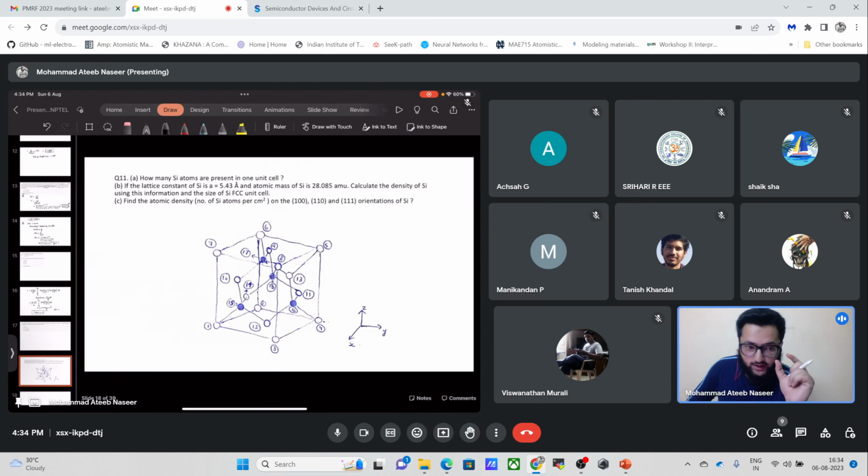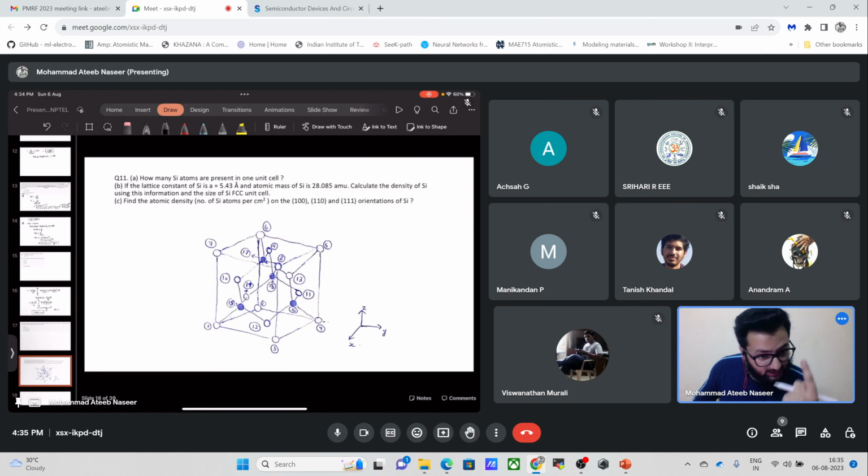These two interpenetrating unit cells will have a total of 8 atoms. For the FCC we have 8 atoms at the corners, but those would be shared with the rest of the 8 unit cells, because a corner in 3D is shared.